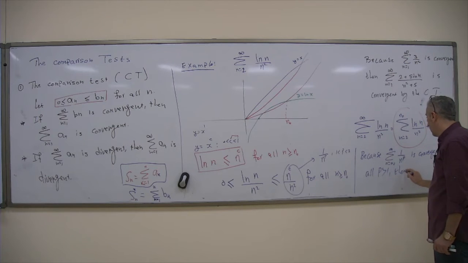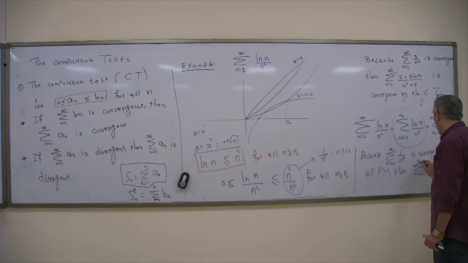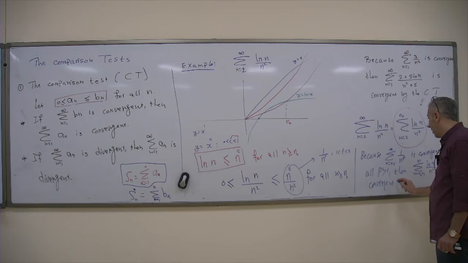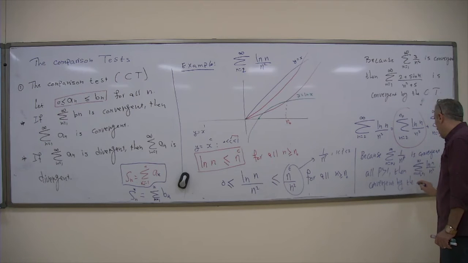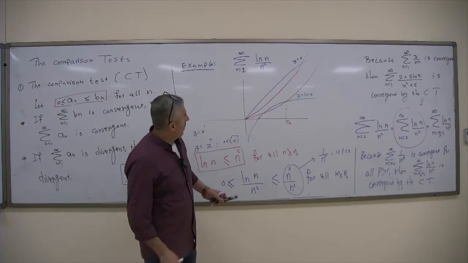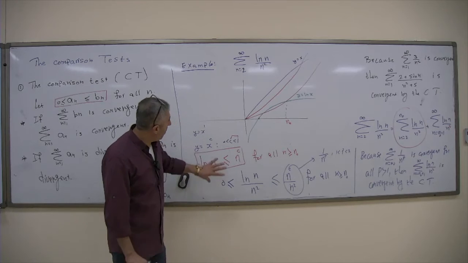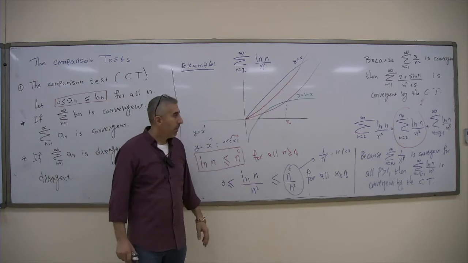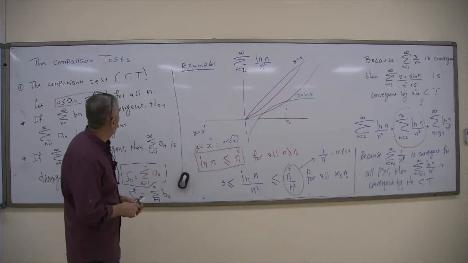Then the summation from n0 plus 1 to infinity of ln n over n squared is convergent by the CT, the comparison test. So if you think about this, the tricky part is to use this. But after that, it is straightforward.